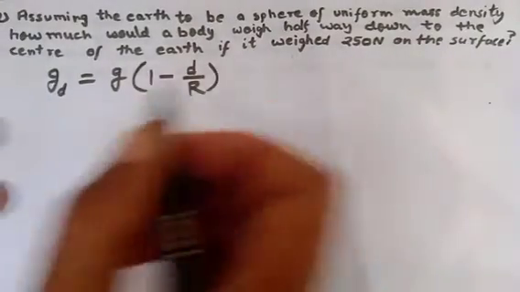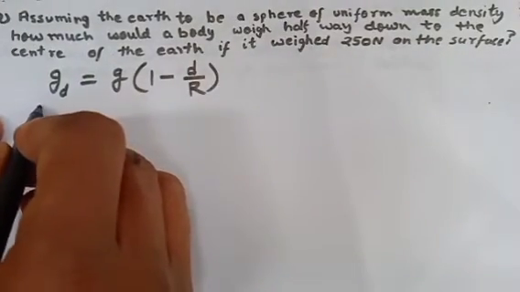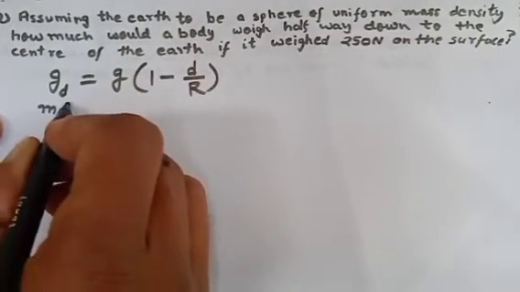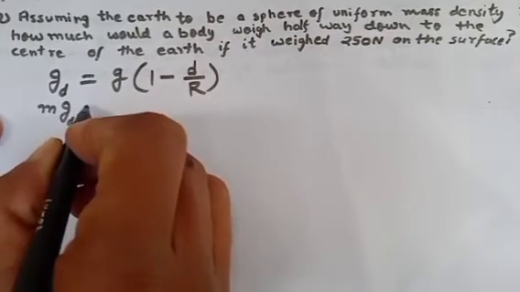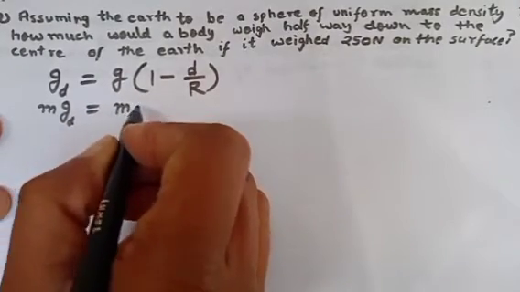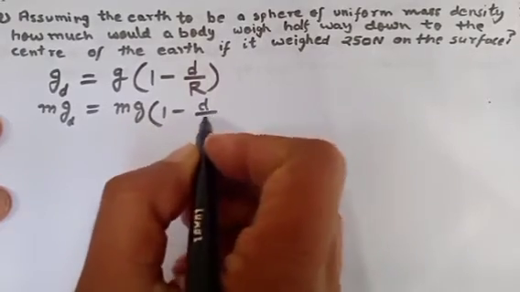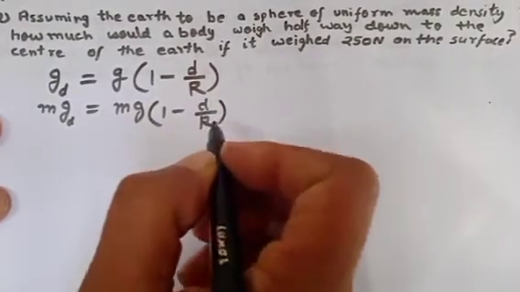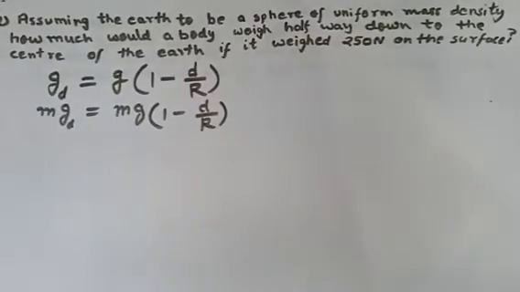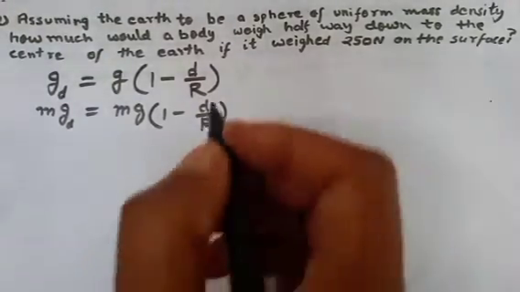And once again, because weight is given, so we will multiply both sides by m. d is the depth. In the book it is written as h, but it is better to write it d. It gives us a feel that it is depth.